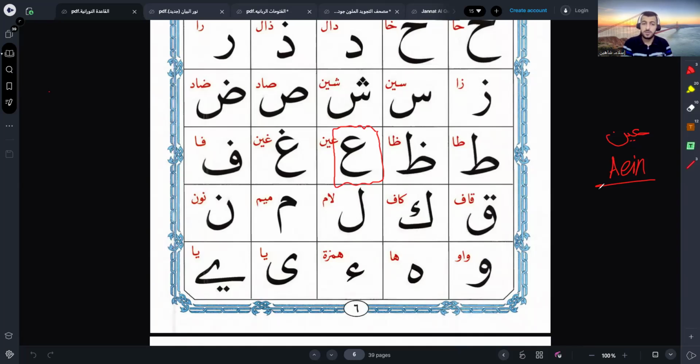The next letter, the sister of Ain, is Ghain.